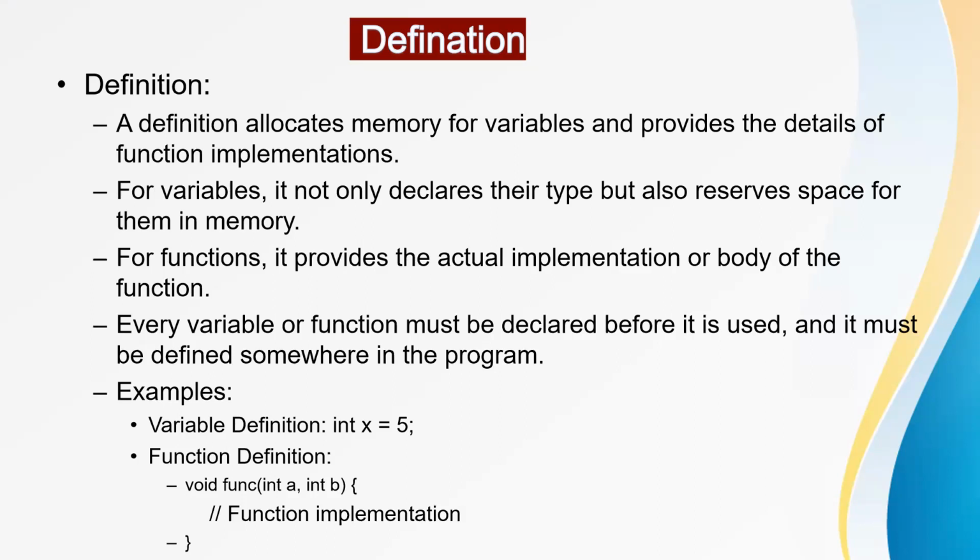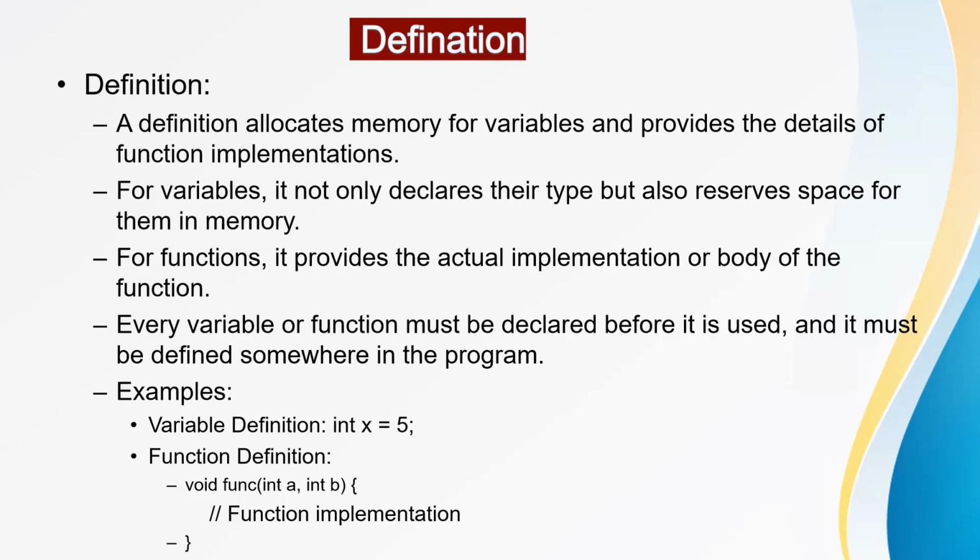An example is int x = 5. The 5 is located at the address where we allocated the memory. The function definition is the actual function, where whatever we want is implemented.